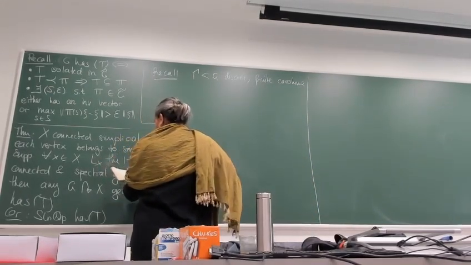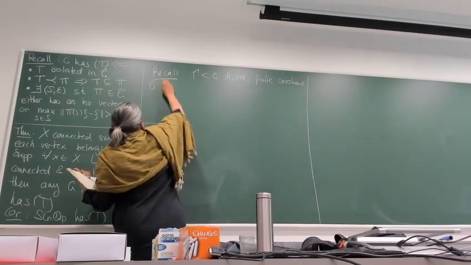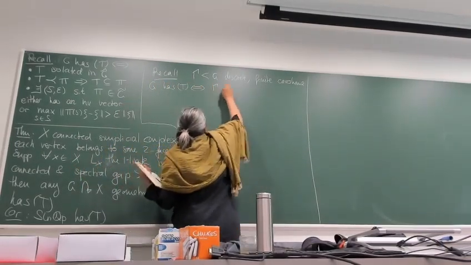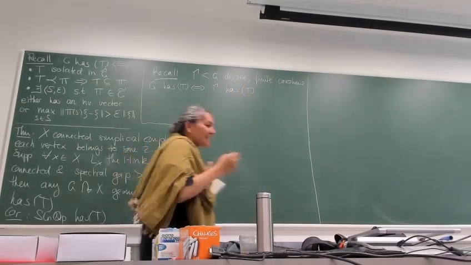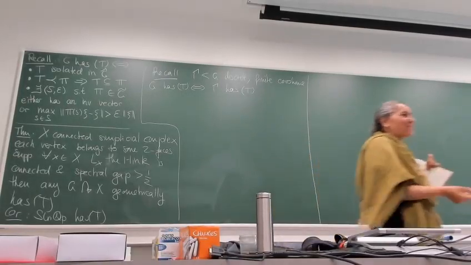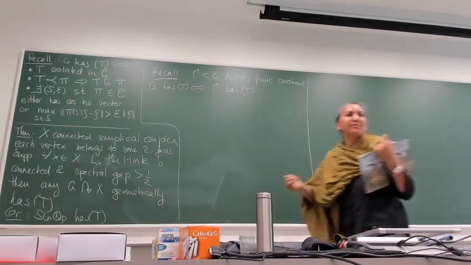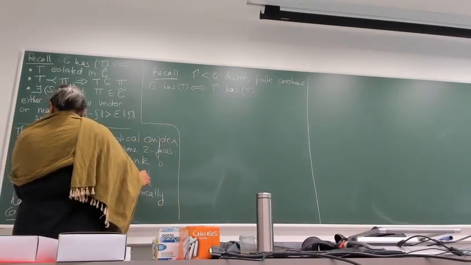So for instance, a lattice that can be co-compact or non-co-compact, then G has T if and only if gamma has T. And it is indeed in Alain Valette's book, and it has a non-geometric proof that I want to say a few words about.